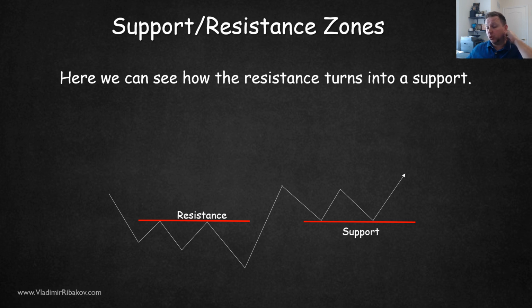Now, support could turn into a resistance, and resistance could turn into a support. How does that happen? In a downtrend, where the buyers hold this level, they resist, so the price does not go further than that. At this moment, the sellers basically show their main interest. Why? Because the price is dropping.